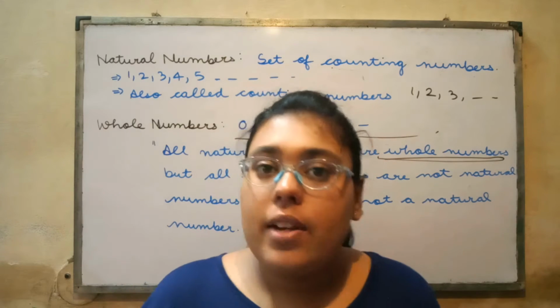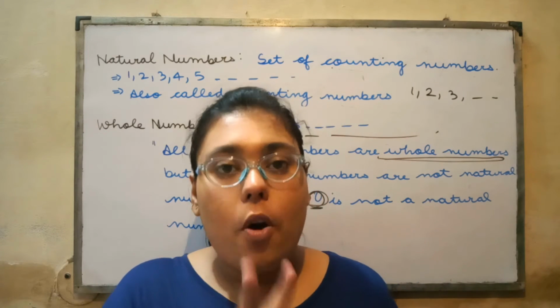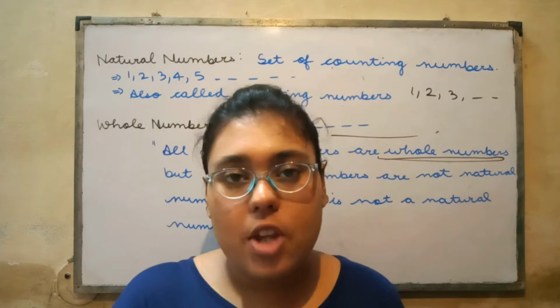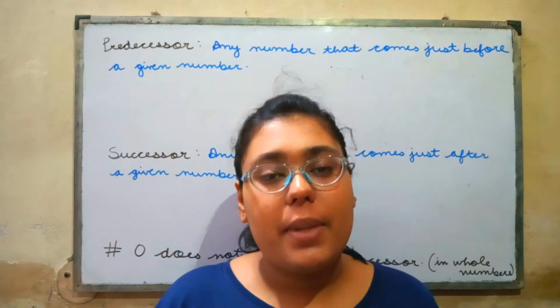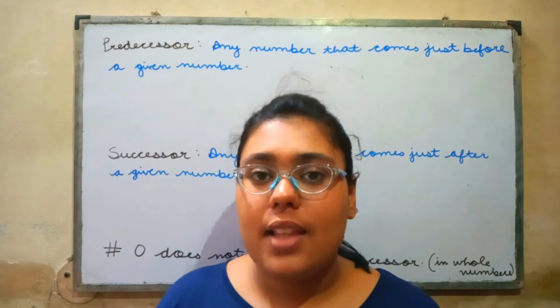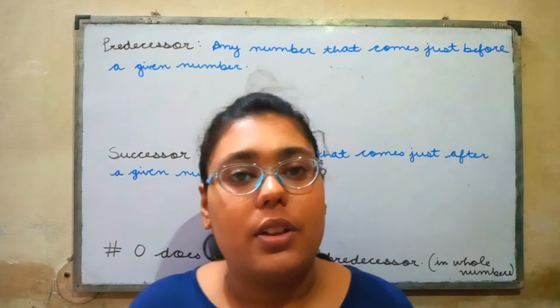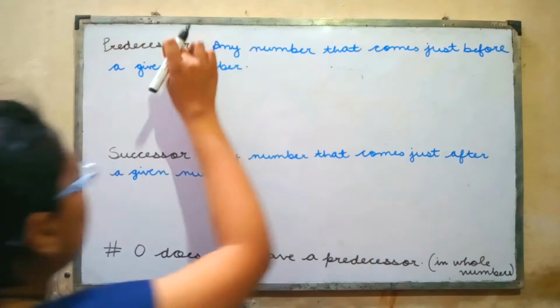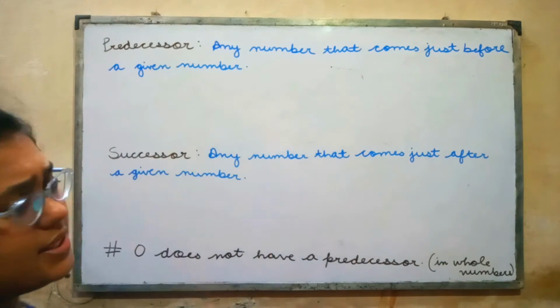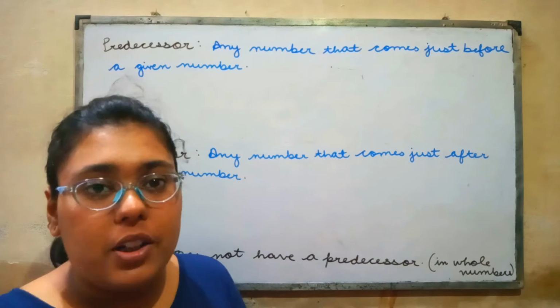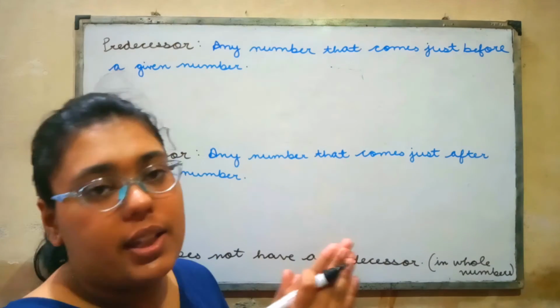Now coming to very important 2 points that are to be remembered in this chapter, that is successor and predecessor. The first one is predecessor and the second one is successor. Predecessor of any number is a number that comes just before the given number.